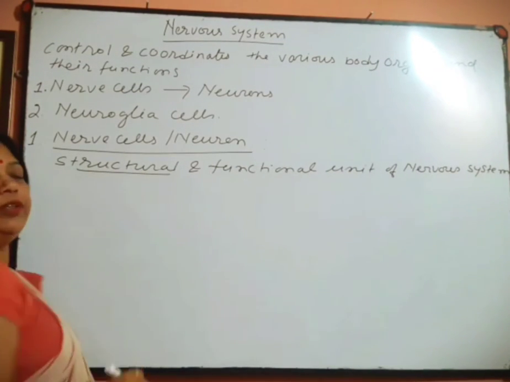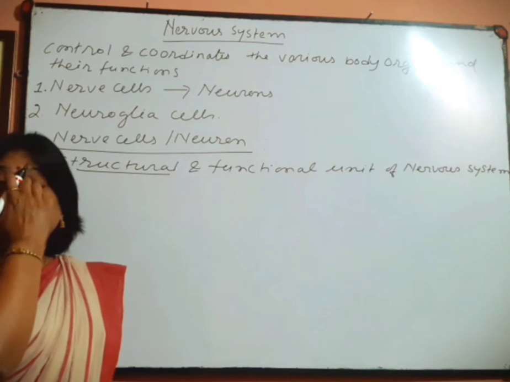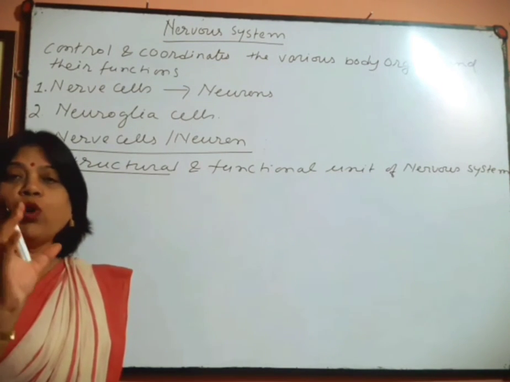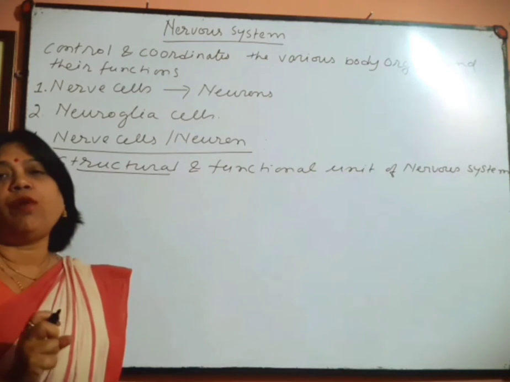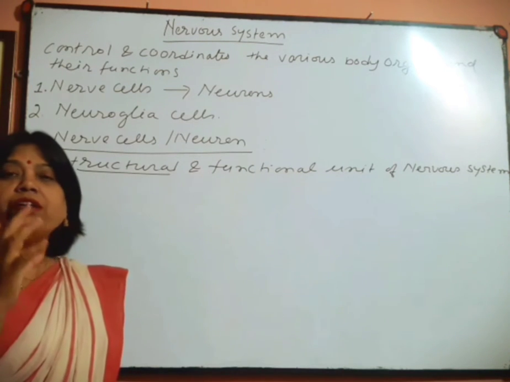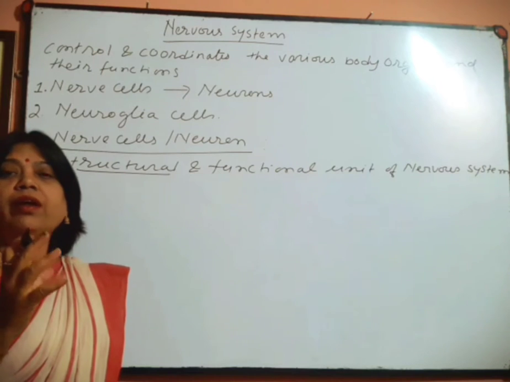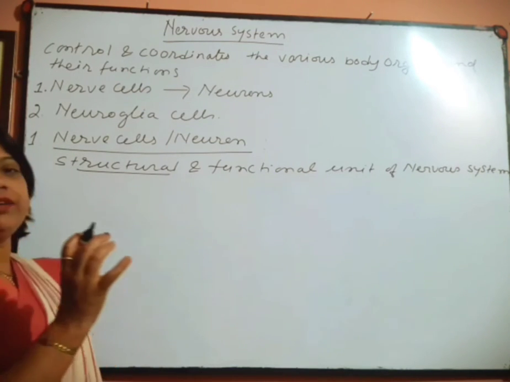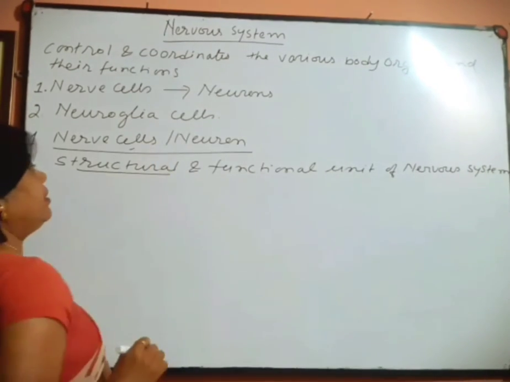Structural unit: nerve cells or neurons compose the structure of the nervous system. That means the nervous system achieves its structure by the nerve cells.